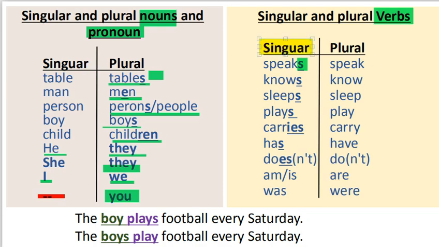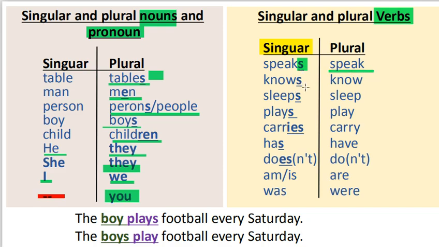So the verb speaks is singular. The plural is speak. Before we continue, I want you to note that singular and plural verbs only exist in the present tense. In the past tense, there is no singular or plural verb. So the verb speaks is singular, the plural is speak.